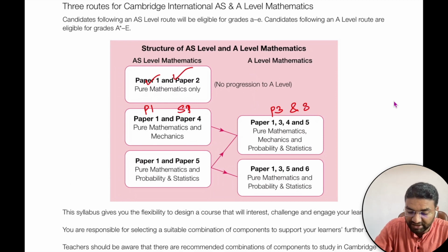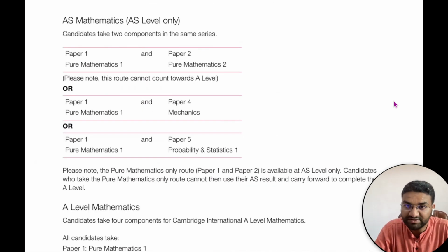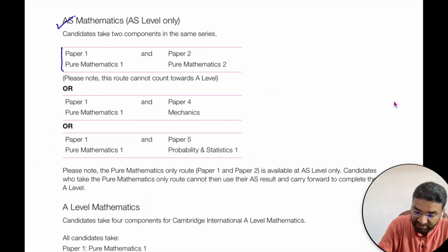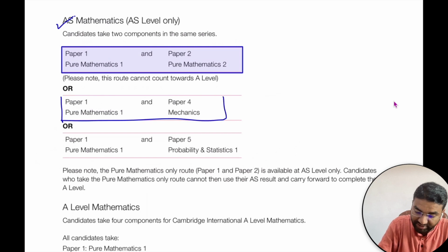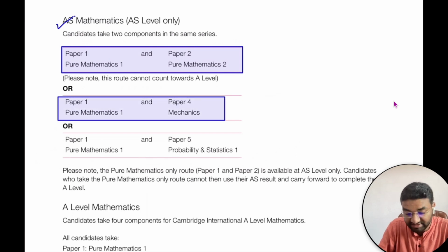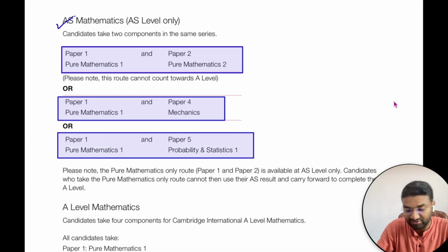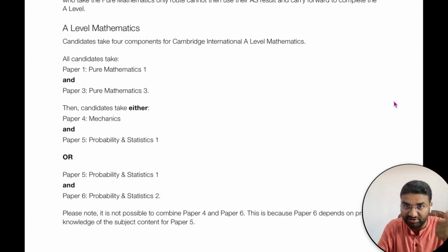Instead of S2 you can even take Mechanics; that's a possibility. What are the options you have for AS level maths? You can choose Paper 1 and Paper 2, or Paper 1 and Paper 4, or Paper 1 and Paper 5, which is Probability and Statistics 1. Then at A level you can choose the remaining papers.